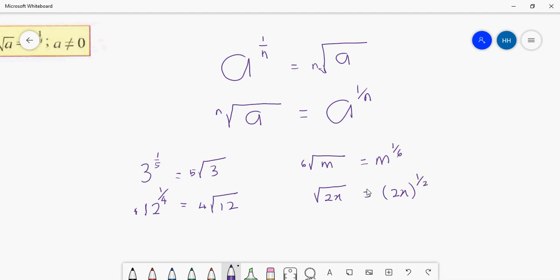Why do we have brackets here? Because the square root is for 2x, so you must write brackets around 2x and then to the power of 1 over 2. Let's say you have cube root mn. This is mn inside brackets to the power of 1 over 3.